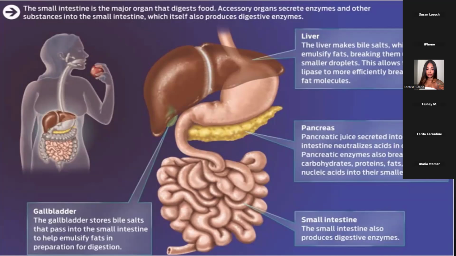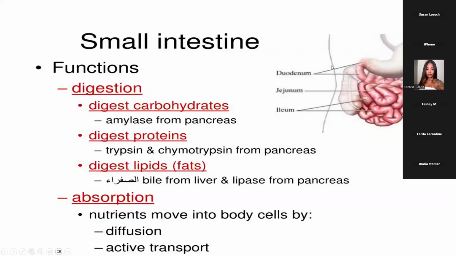And then, of course, you have the small intestines, which we just talked about, that has those pancreatic enzymes. All right, so in the small intestines, we have the carbohydrates that are going to be digested from that amylase. That's from the pancreas. All right, so if someone has something like cystic fibrosis, that's a process that's hard for them to do to digest foods.